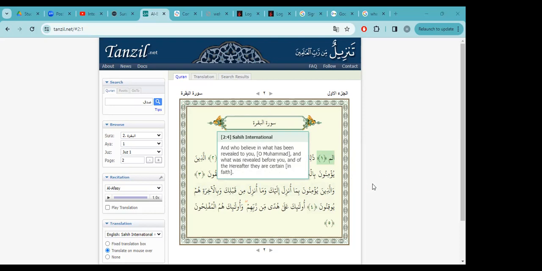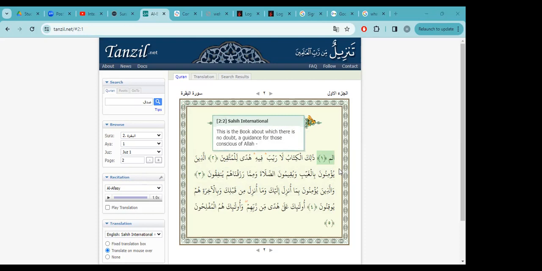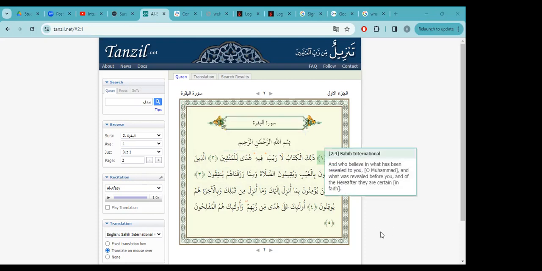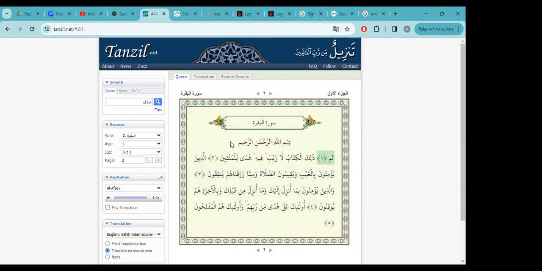Inshallah. Okay, so Bismillah. Everyone can see the screen. We're using tanzil.net, a very good website to use later on, and you'll see why. But for now, we just want to analyze. Bismillah ar-Rahman ar-Rahim. Okay, the first line.